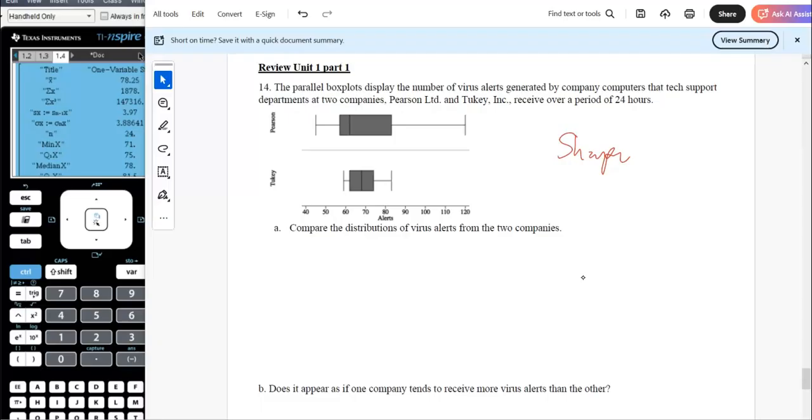For Pearson, the shape is skewed right. For the Turkey company, you could almost say approximately symmetric, but I think it's more skewed right as well.